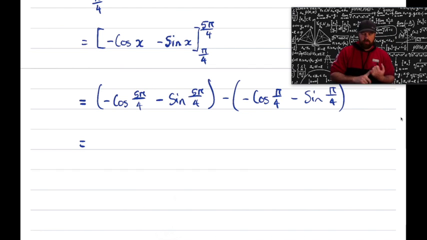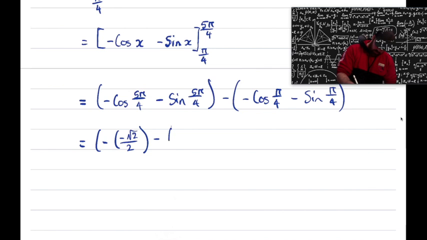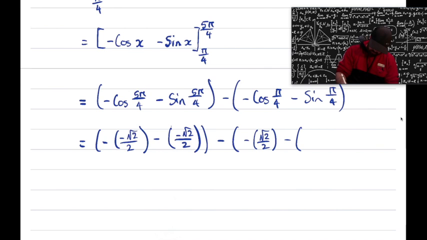We know that 5 pi on 4, it was minus root 2, so we have minus negative root 2 on 2 minus negative root 2 on 2, minus, and again, really careful with our minuses, minus root 2 on 2 minus root 2 over 2.